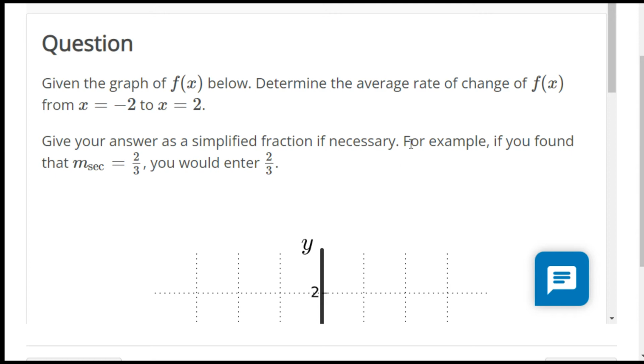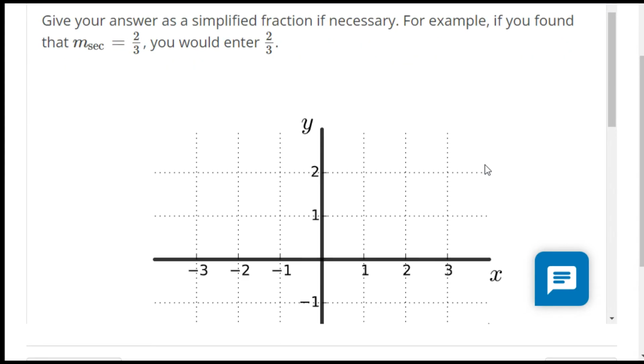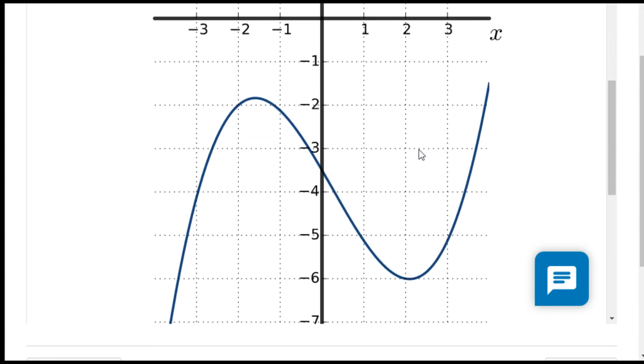%67 mastery. Oh boy. Now we got to look at a picture again. Given the graph below, find the rate of change from -2 to 2.